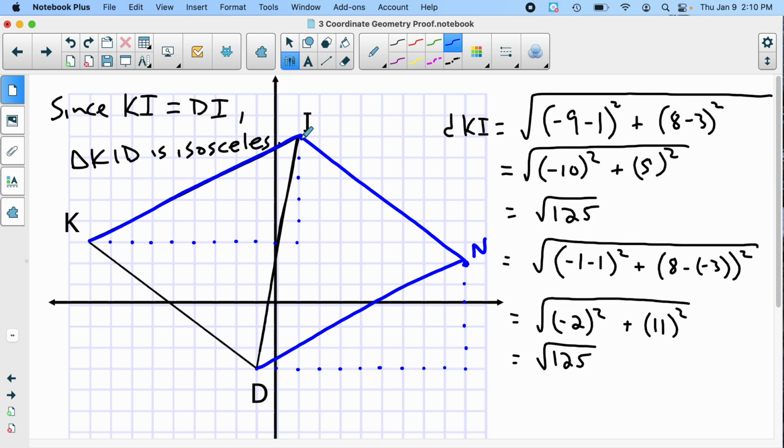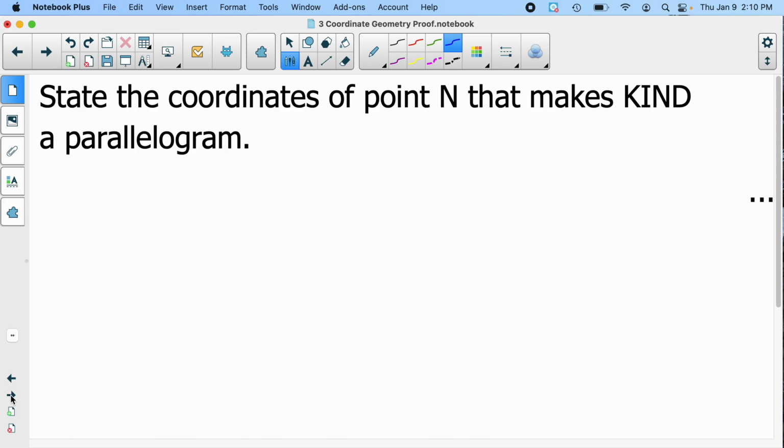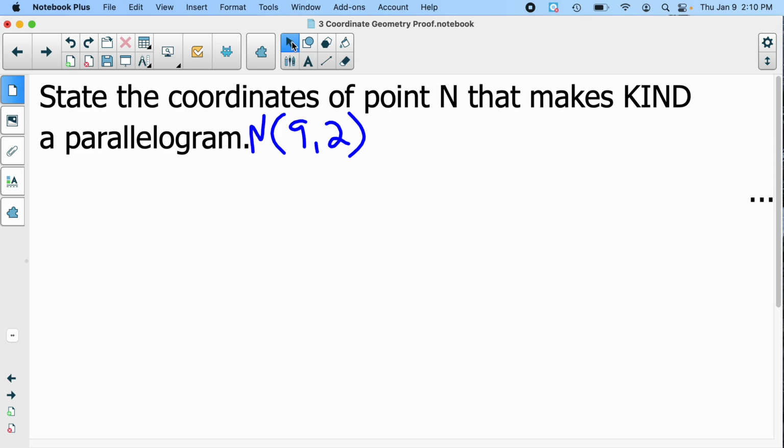And as I look at that, it does kind of look like a parallelogram now. So if I'm looking to state the coordinates of point N, it looks like point N is at 9, 2. So when you're asked to state those coordinates, let's write down that point N is at 9, 2. And then I'm asked to do something else here.